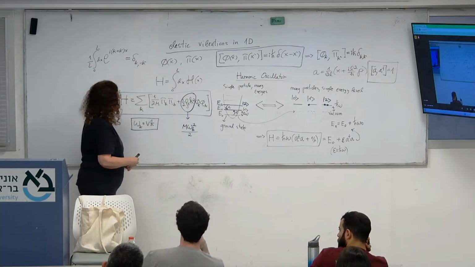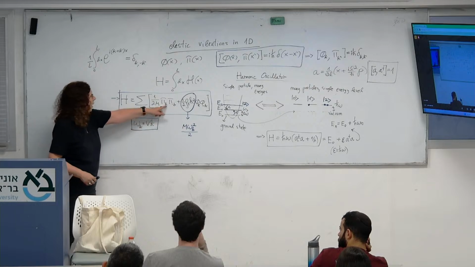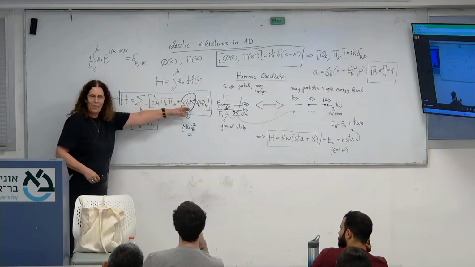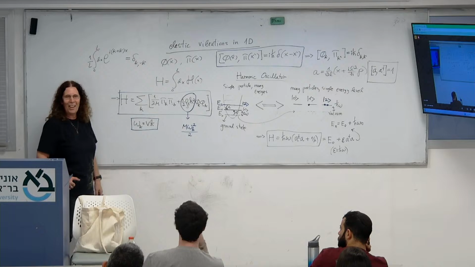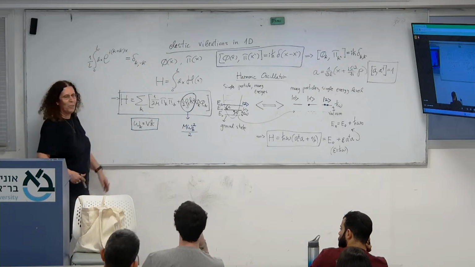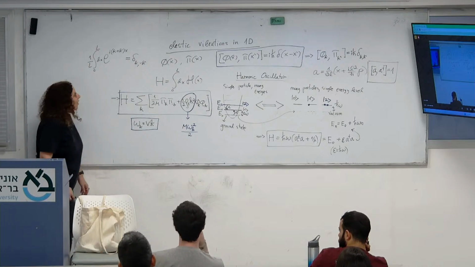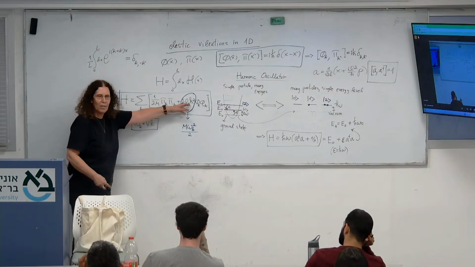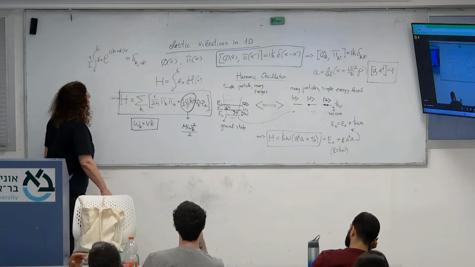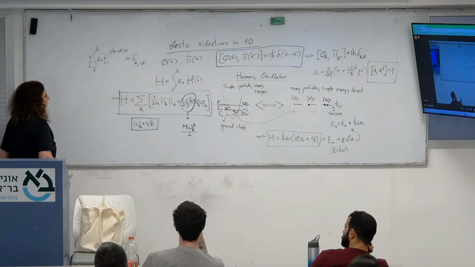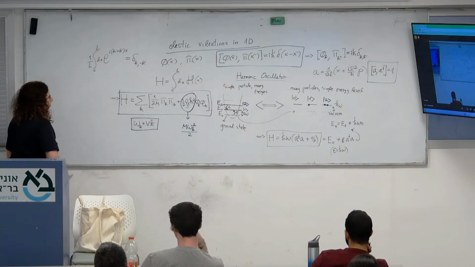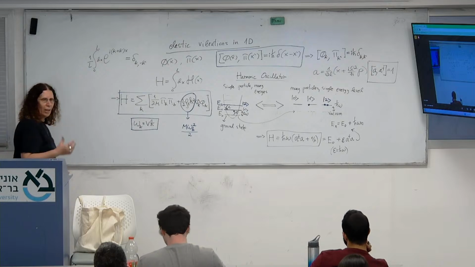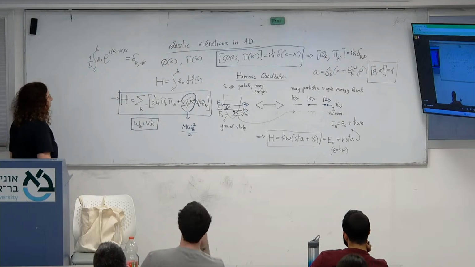For k equals 0, you get nothing. There is such a state, but it has zero elasticity. It's not really a degree of freedom.